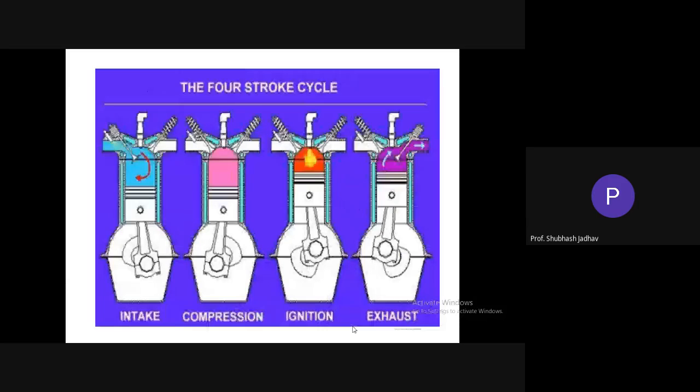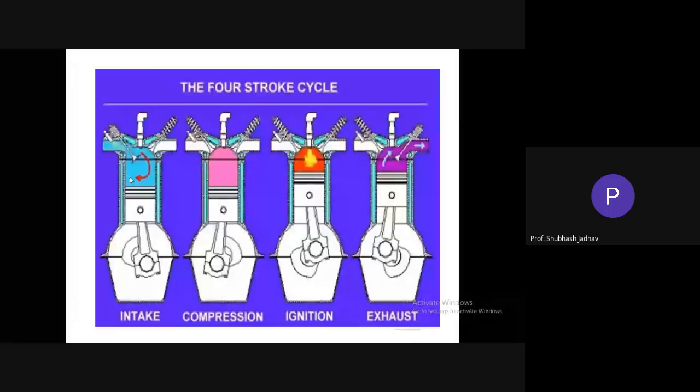So as the negative pressure is created and the inlet valve is open, what happens? The negative pressure over here and the positive pressure outside will make the gases flow in, because fluid always flows from a high pressure region to a low pressure region. So the mixture starts flowing in.